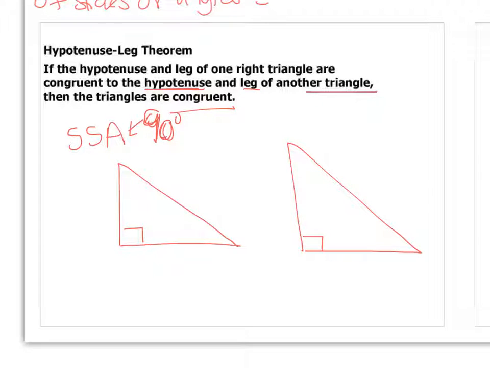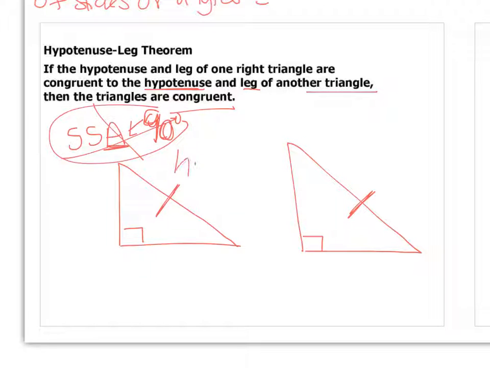You're going to be given two congruent sides and one angle. Well, since this is a special case, we don't call it this. We call it hypotenuse leg, because in order for the triangles to be congruent, the hypotenuses would have to be congruent.